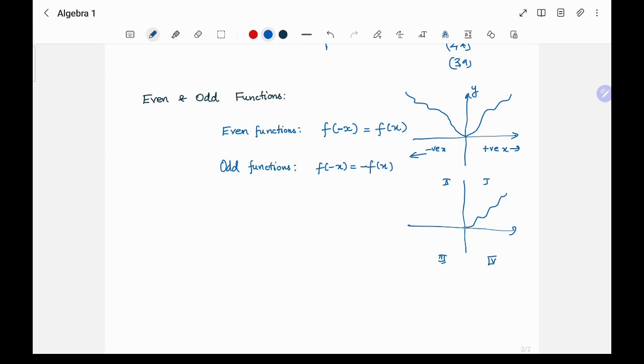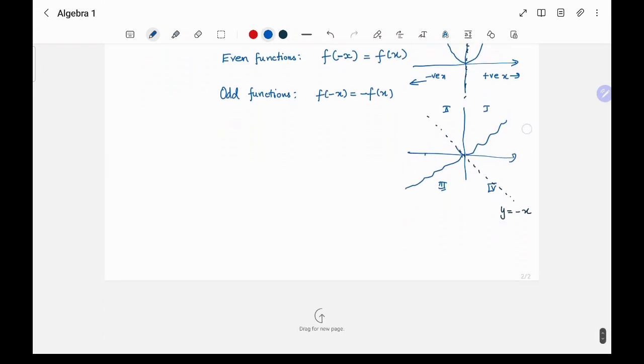Whatever is here, the same thing will be drawn but reflected, so it will be on the negative side. It is like a reflection about this axis. So this is reflection about the y-axis, and this is reflection about some y equal to minus x kind of axis. So this is the definition of even and odd functions.